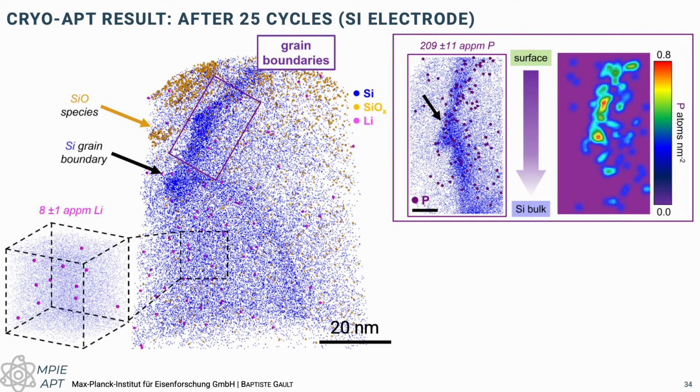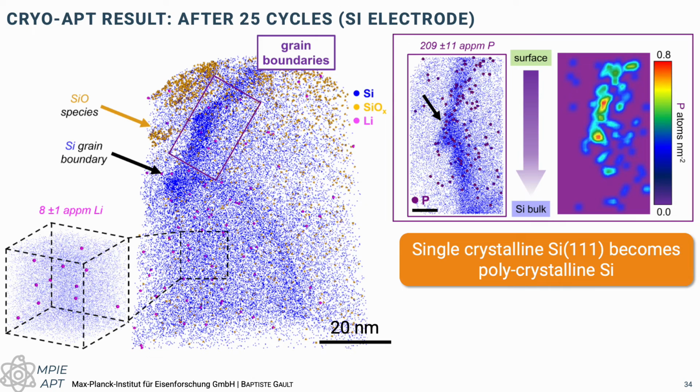And we can also find phosphorus segregated to the grain boundaries, and the phosphorus comes also from the decomposition of the lithium salts that we have seen. So it's really broken down into phosphorus and fluorine completely separately. So this silicon 111 becomes polycrystalline.